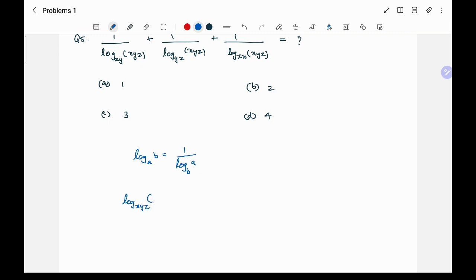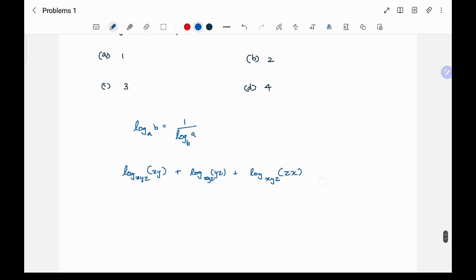Log xyz to base xy plus log of xyz to base yz plus log xyz to base zx, we have taken the inverse, and we need to find this.